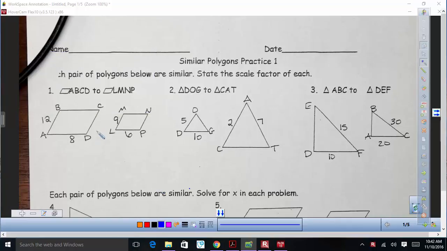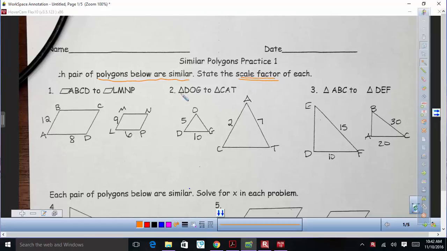Okay, so for 1, 2, and 3, you're going to be doing a little bit of IXL on this, and so I want to make sure that you know how to do this. For 1, 2, and 3, it asks you to tell whether the polygons were similar first, and then they wanted us to state the scale factor, okay?